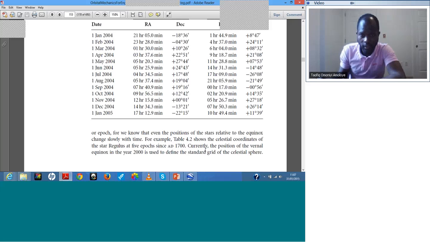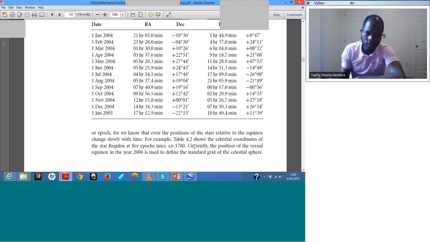Table 4.2 shows the celestial coordinates of the star Regulus at 5 epochs since AD 1700. So people had already started making careful observations of the night sky, and determining the orbits and positions of heavenly bodies since that time.